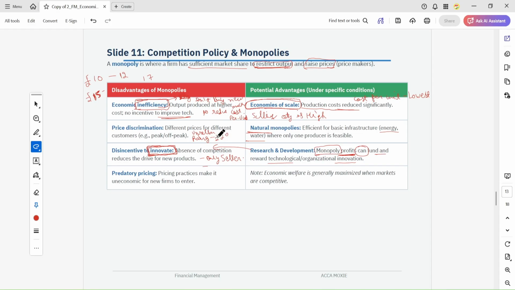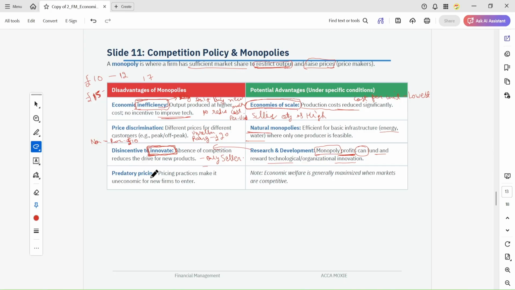But in the non-rainy season, in winter or summer, you sell these umbrellas at only 10 pound. In the rainy season you sell at 20 pound, but in the non-rainy season at half the price, only 10 pound. So that is the price discrimination because of the monopoly.